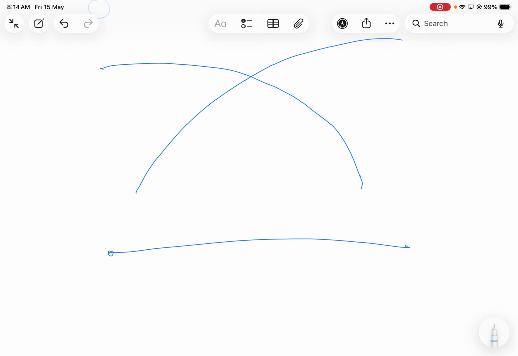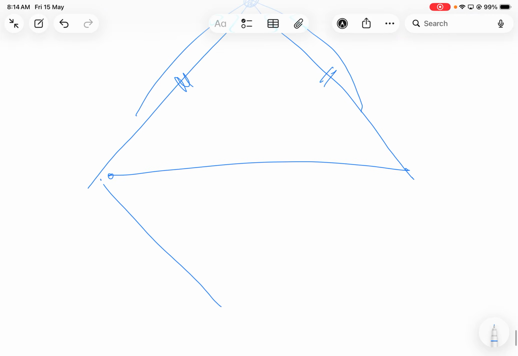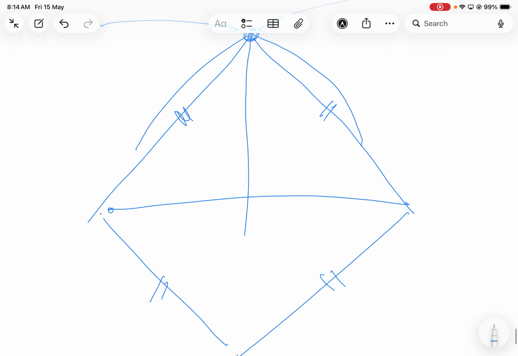Meaning, at the point where they intersect, this point will be the same distance from this center, and also the same distance from this center. When I join them together, these two will be the same distance. Okay? If I have two of these, then it will form a rhombus, and then it will be a perpendicular bisector that cuts this into 2 equal parts.